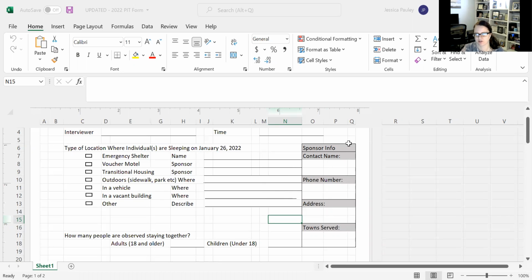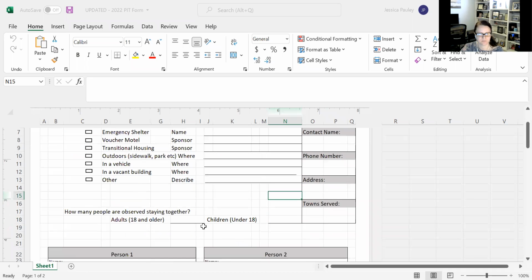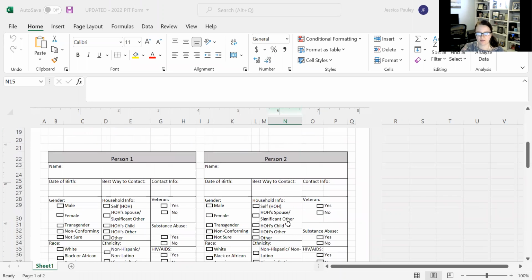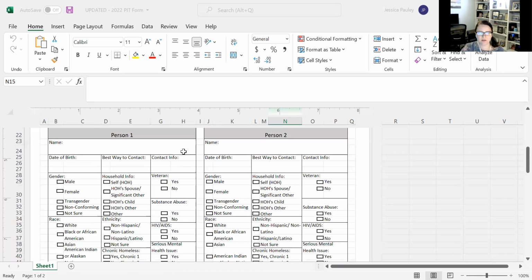For sponsor information, that would be if they're staying in a hotel paid for by a church or another agency. So the contact name would be the contact for that agency. This is just household information, how many adults and how many children are staying together. And then for each household, you will fill out one of these boxes. If someone is not willing to give you all of this information, just get whatever information they can give you.